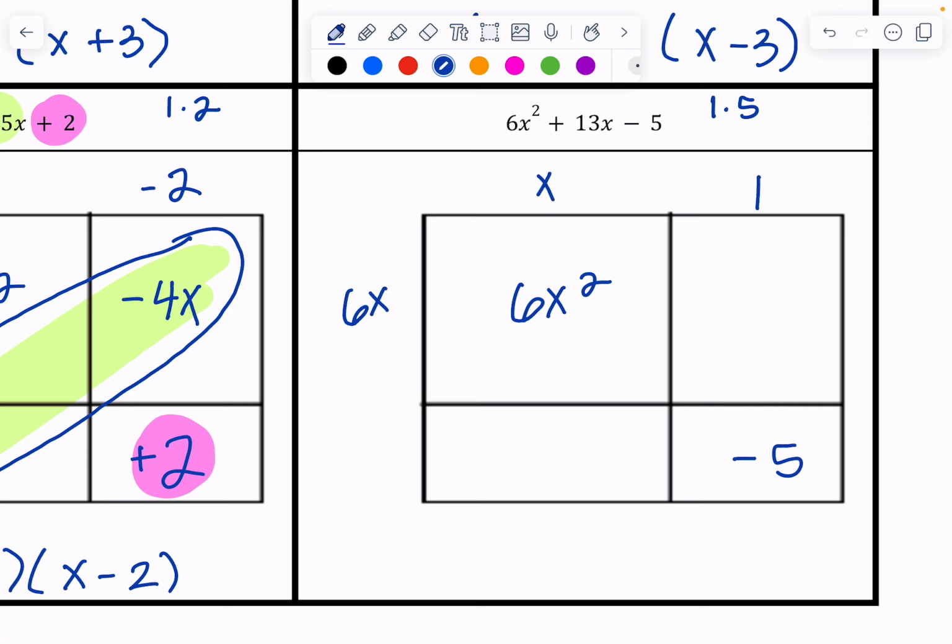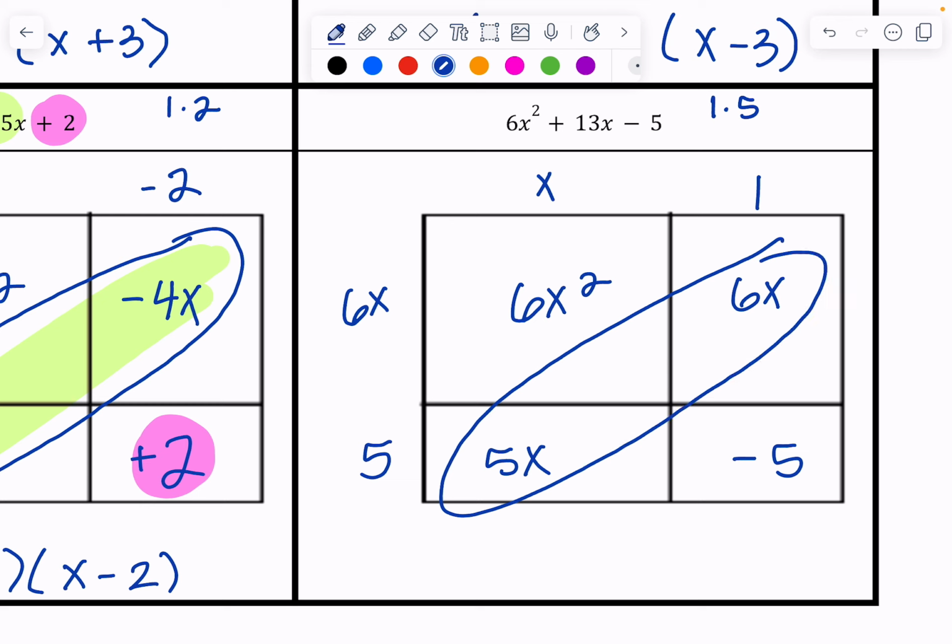So if I do 1 here and 5 here, this would give me 6x and 5x. And these two would add up to 11x, and we want 13. We do want one of them to be negative, so if I put a negative here, that'd be a negative 1 combined. If I put a negative here, it would be a positive 1 combined, so we know that this is not correct at all.